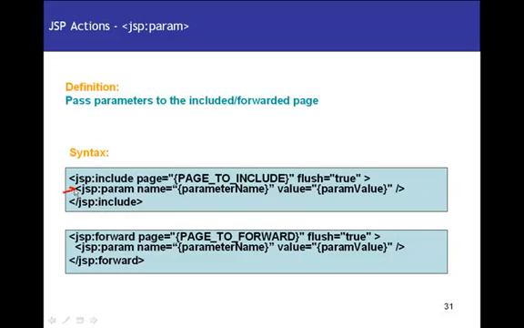I pass page number in the parameter name, and I pass 1, 2, 3 in the value, right? So this way I can have certain kind of dynamic content based on the page which is actually including my subpage. So it's not really completely static in nature, but it can also have certain dependencies on my main page which is actually including this page, right?